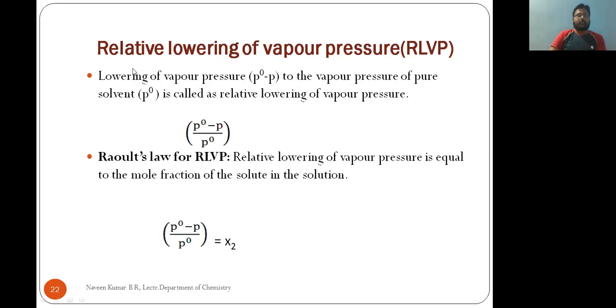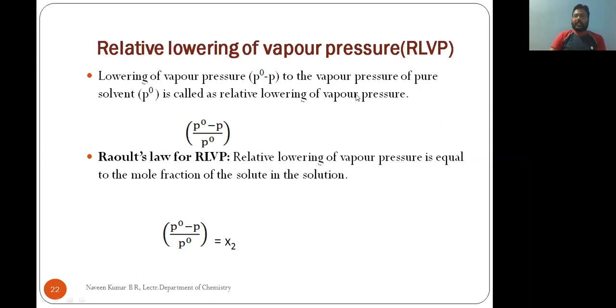Okay, we'll start with the first colligative property, relative lowering of vapor pressure. To understand this, assume we are adding a non-volatile solute to a volatile solvent. P naught is the vapor pressure of the volatile solvent in its pure form. P is the vapor pressure of the solution after adding a non-volatile solute to it.